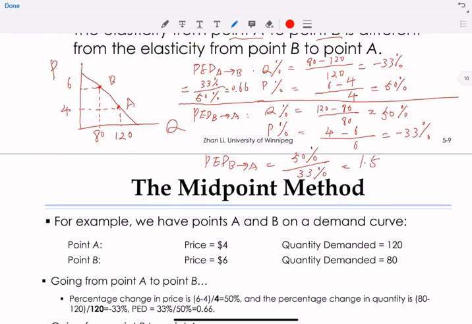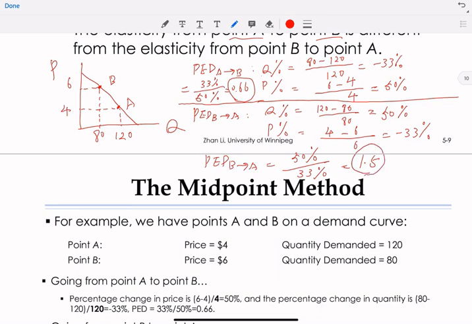So now you can see that we have this conflicting result, right? Depending on what's the starting point, you will get different price elasticity. In the first case, when A serves as the starting point, PED is 0.66. And in the second case, when point B serves as the starting point, the price elasticity is 1.5.